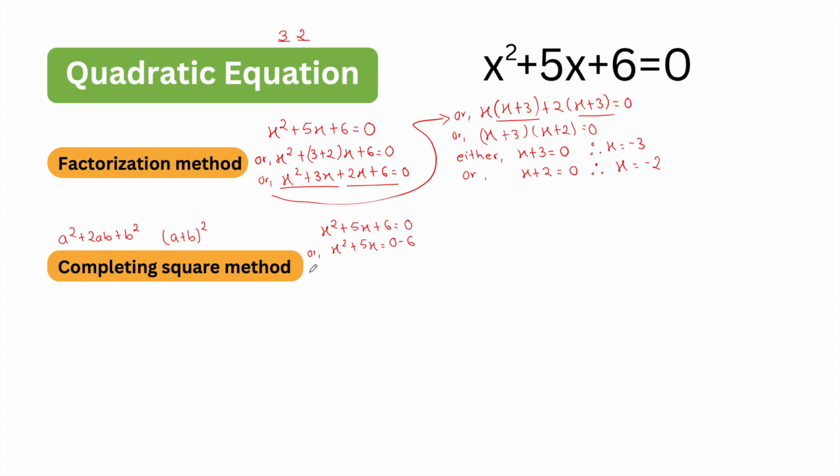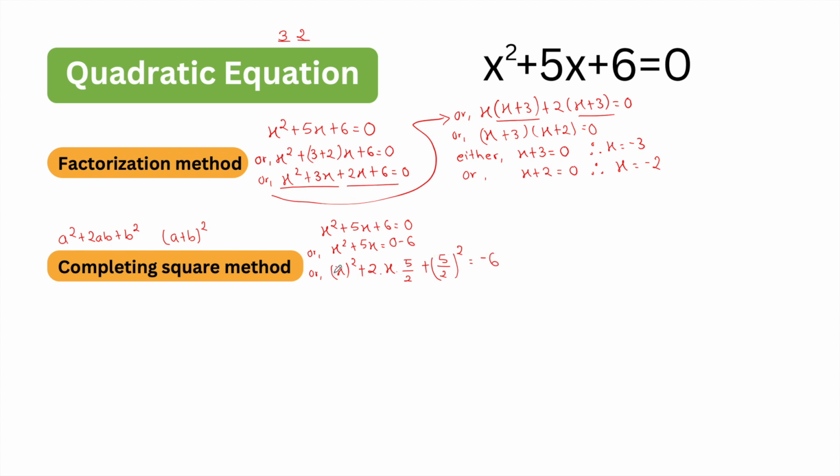So x square is a square, plus 2ab where a is x, so we need b such that 2 times x times b is equal to 5x, so b is 5 upon 2. Plus (5 upon 2) square is equal to minus 6.